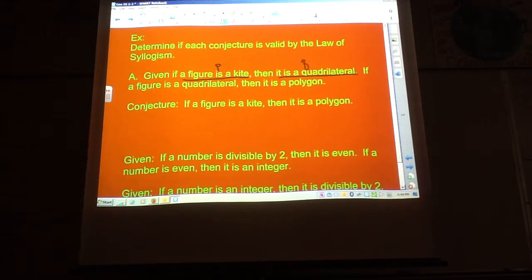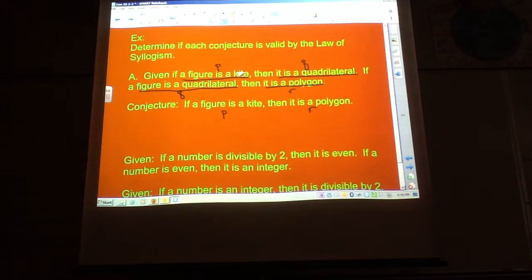This would have to be our Q. If it's following the law of syllogism, this hypothesis should be the Q, which is it's a quadrilateral, which it is. Then we should have a new conclusion, which would be our R. So it is a polygon would be our R. So down here in the conjecture, we should have P, which would imply R to follow the law of syllogism.